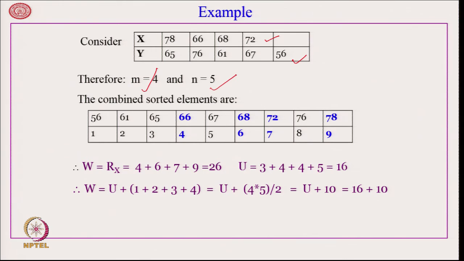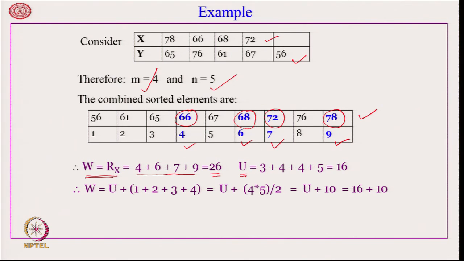Now, in the combined population, when we arrange them in sorted order, it looks like this, of which the blue ones are x observations and their ranks in the combined population are 4, 6, 7 and 9. Therefore, the Wilcoxon rank sum statistic W is equal to 4 plus 6 plus 7 plus 9, which is equal to 26.